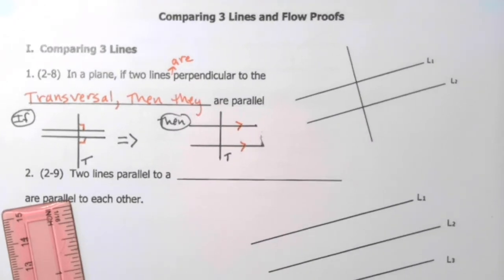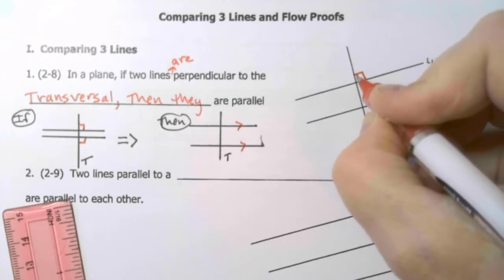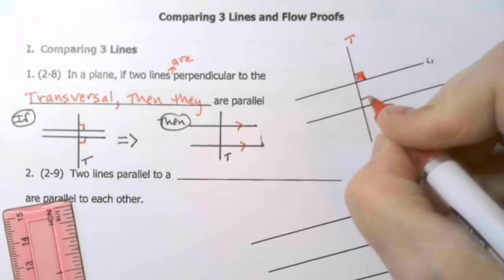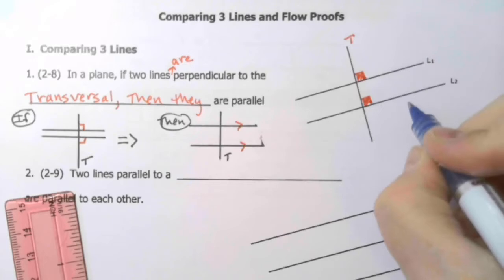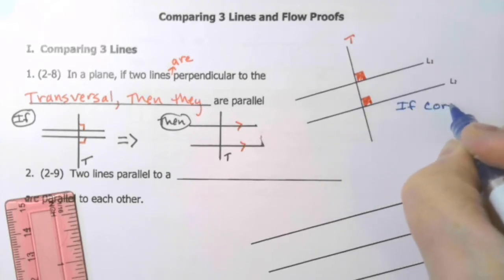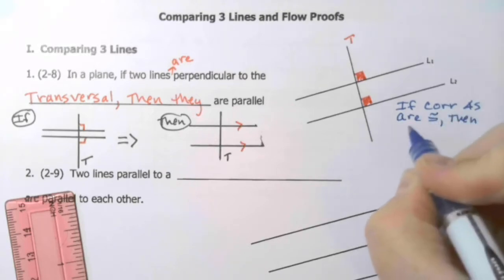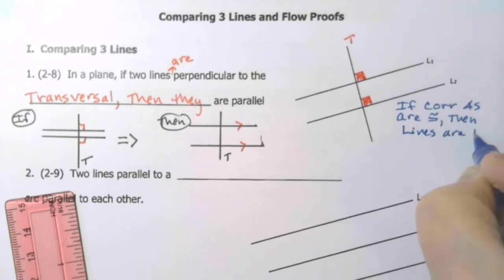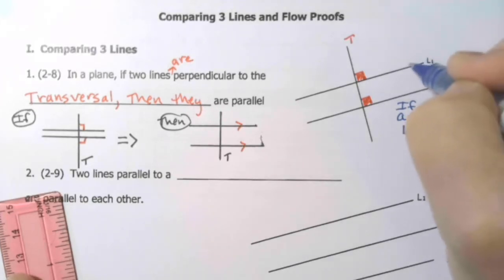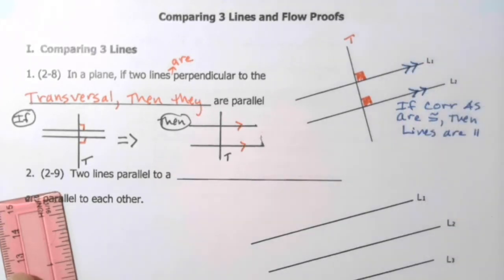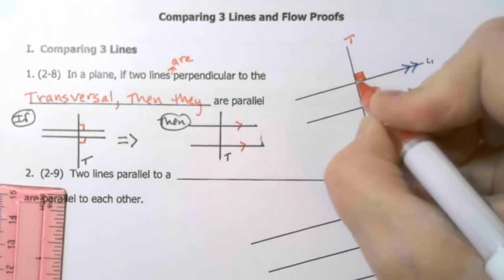This actually makes a lot of sense because if line 1 is perpendicular to a transversal and line 2 is perpendicular to a transversal, then we can use the theorem: if corresponding angles are congruent, then the lines are parallel. So because these two are both 90, they are congruent to each other, and the result is you know that line 1 and line 2 are parallel. So this theorem just cuts through that in specifically a perpendicular measurement.